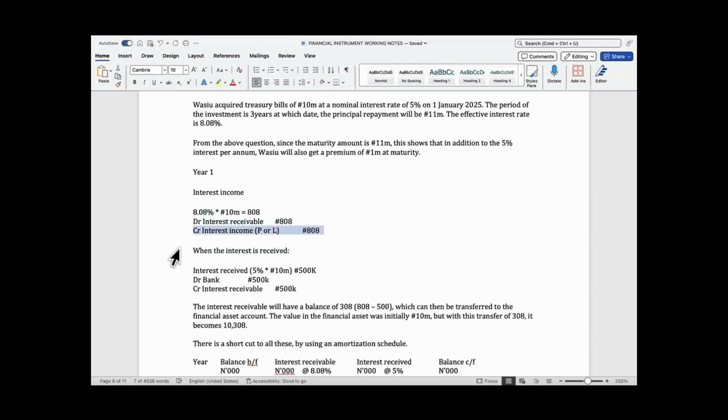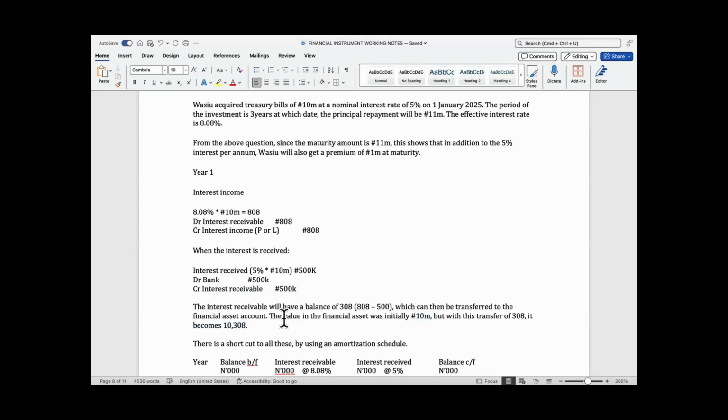Then at the end of the year, you actually receive only the 5%, right? Which is 500K. So you debit bank, you net it off against the interest receivable. So the interest receivable balance, since it was 808, we received 500. So there's a balance of 308. That balance of 308, you net it off to the financial asset account. So your financial asset that was initially 10 million becomes 10,308.